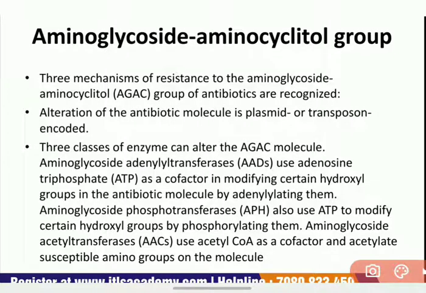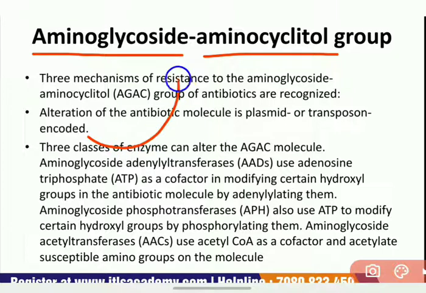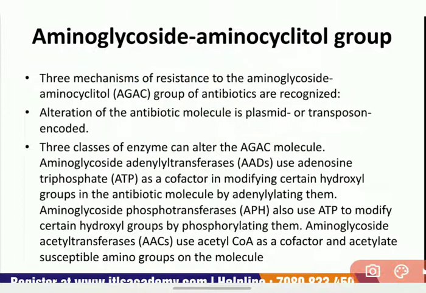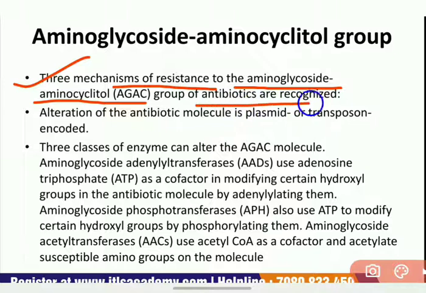First is the aminoglycoside aminocyclitol group. These are inhibitors of protein synthesis. Three mechanisms of resistance to the aminoglycoside aminocyclitol group of antibiotics are recognized.